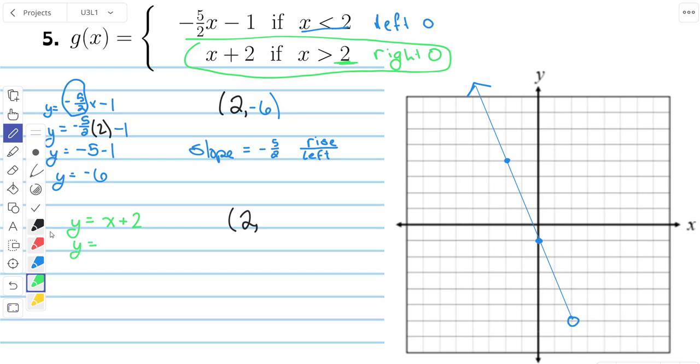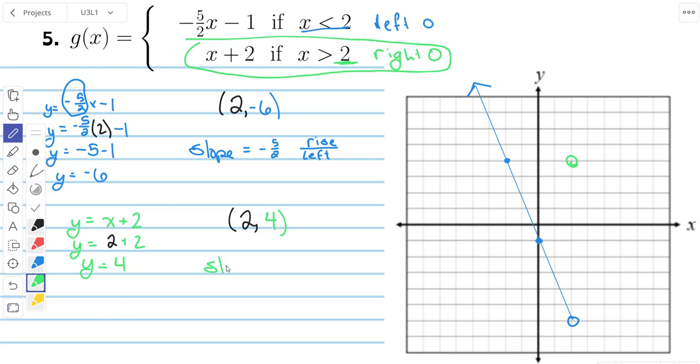So y equals 2 plus 2. So y is equal to 4. So I'm going to go ahead and plot that point at 2, 4. Again, it's another open circle.